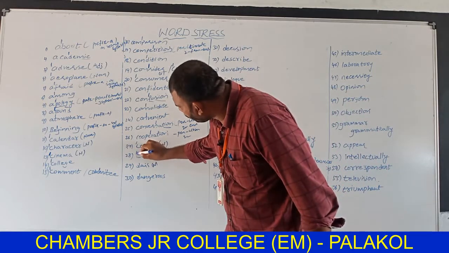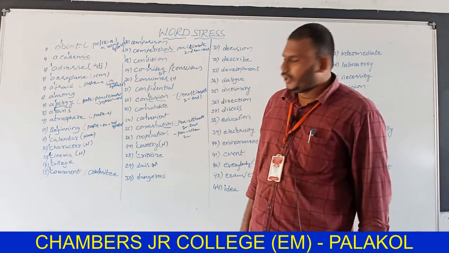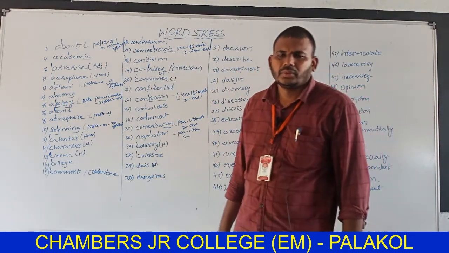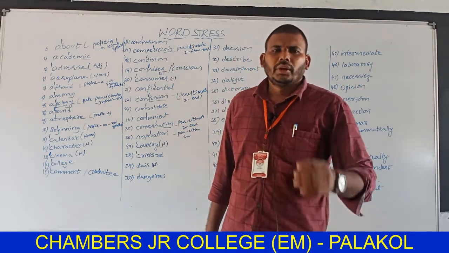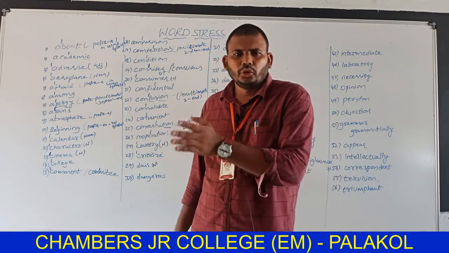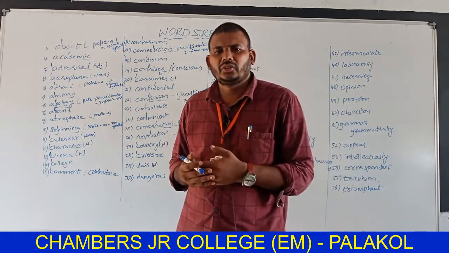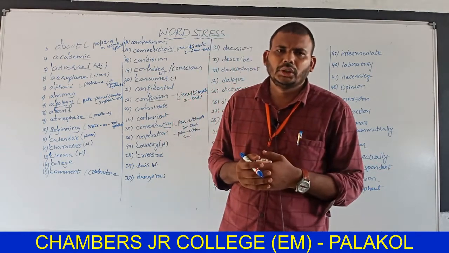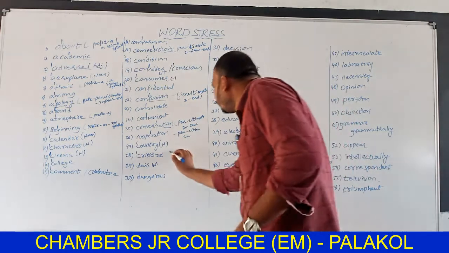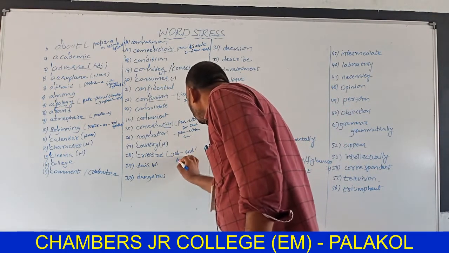Here we should put the stress mark on the first syllable. Why? Because it ends with the suffix IZE. I told you in the rules, when a word ends with the suffixes IZE, LOGY, ITY, these take stress on the antepenultimate syllable. Antepenultimate means third syllable from the end.